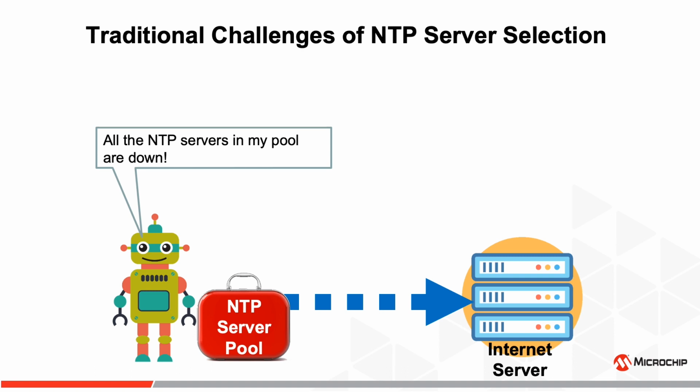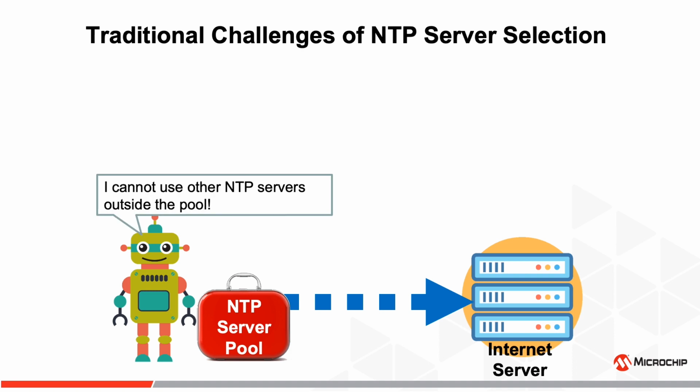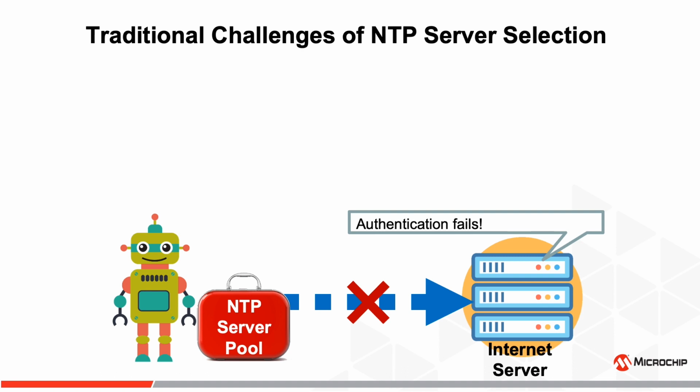If those servers happen to be down, we would not be able to provide the time, and then we would not be able to connect to any other servers, so our authentication would fail. It doesn't allow us to make a connection. That's pretty annoying to the user of your application because now they have to retry or modify their firmware.